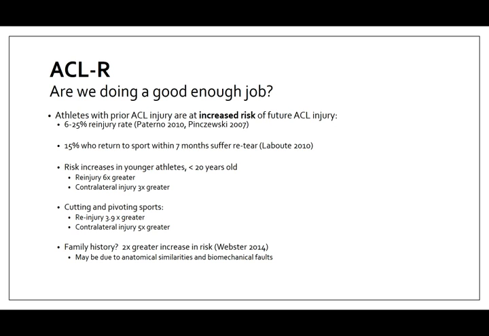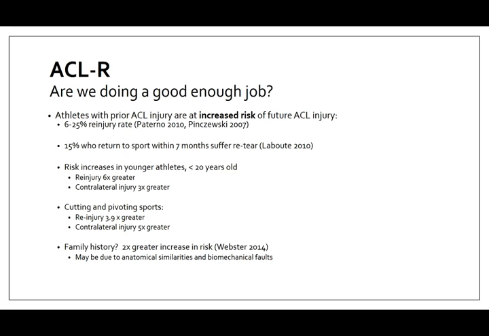So we got to make sure if you're working with a patient with an ACL tear and they're about 8 months out, you also have to make sure that other side looks good in terms of function and stuff, because they're at increased risk now for tearing that side. In cutting and pivoting sports, the re-injury rate is about 4 times greater, and the contralateral injury is 5 times greater. It's kind of like we just mentioned.